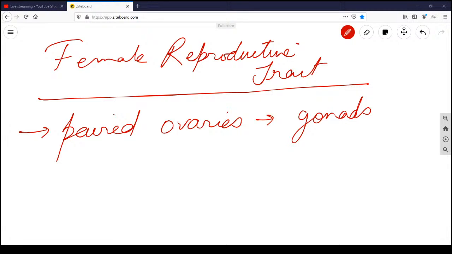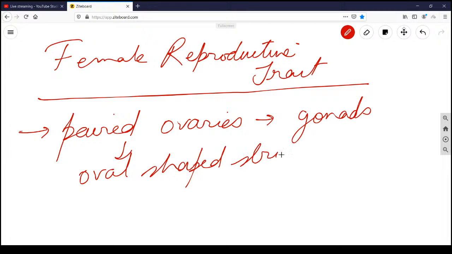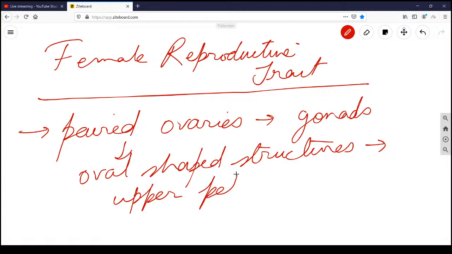They are oval shaped structures in the upper pelvic cavity. Always know, anatomically they are oval shaped structures in the upper pelvic cavity.